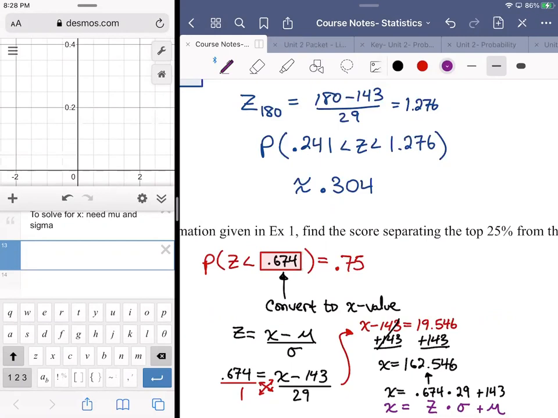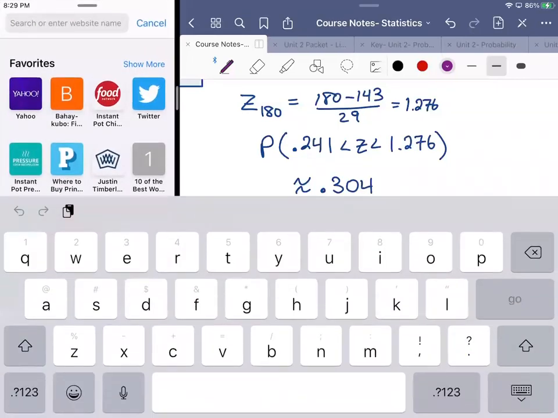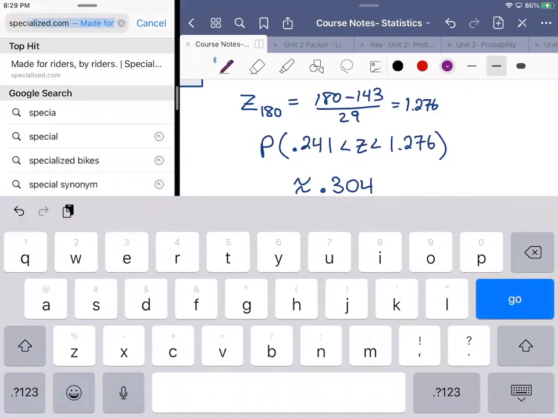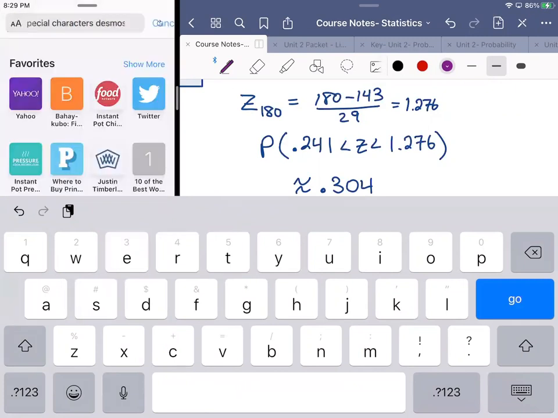There is an add-on. I mentioned this last time for computers that allow the word mu to translate into the symbol mu. But what you can do is just Google special characters Desmos.